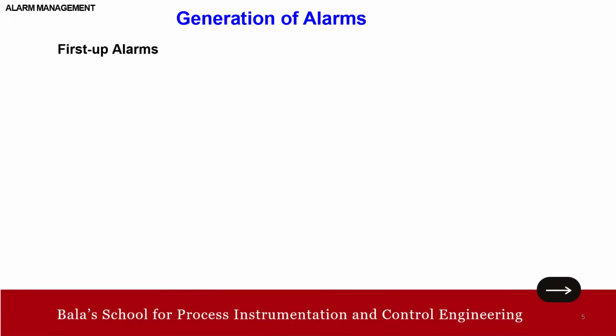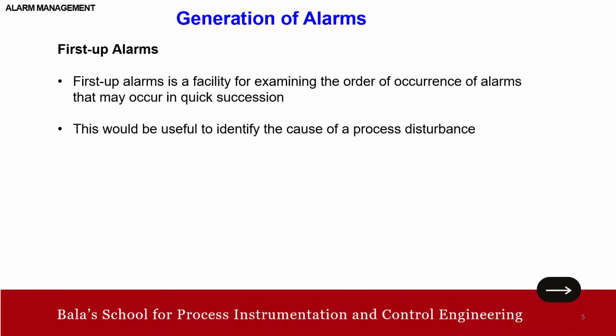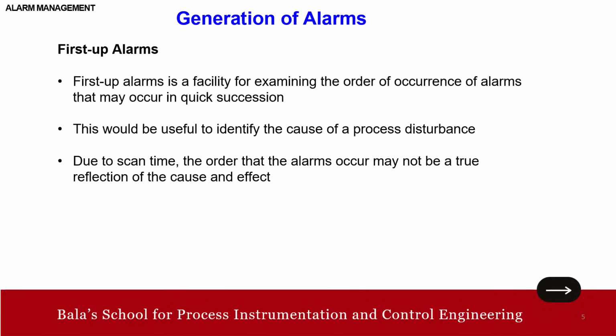Then, first-up alarm. A first-up alarm is a facility for examining the order of occurrence of alarms that may occur in quick succession. This would be used to identify the cause of the process disturbances. Due to scan time, the order in which alarms occur may not be a true reflection of cause and effect.